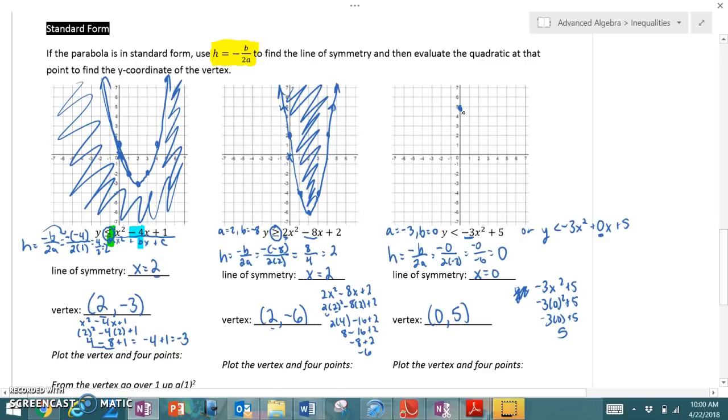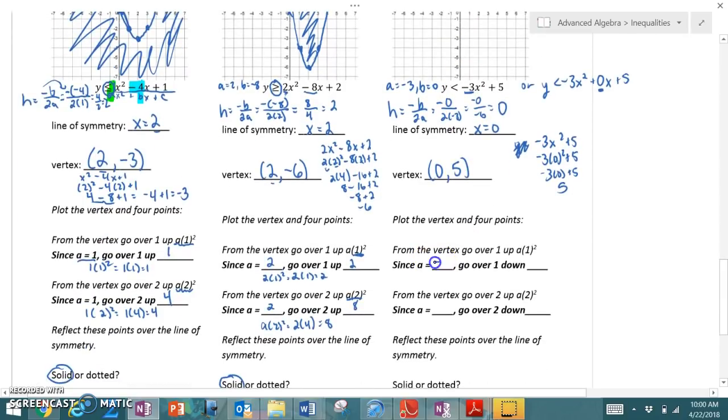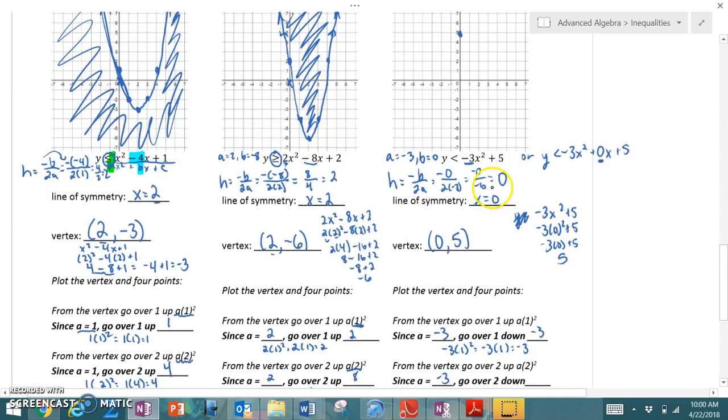My a value is still negative 3, so when I go to find my next 4 points, I'm going to use a as negative 3. First, I do negative 3 times 1 squared, negative 3 times 1, which is negative 3. Which means I go over 1, down 3 from the vertex. Over 1, down 3.